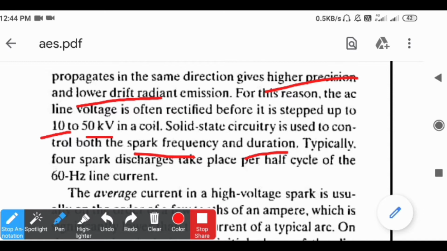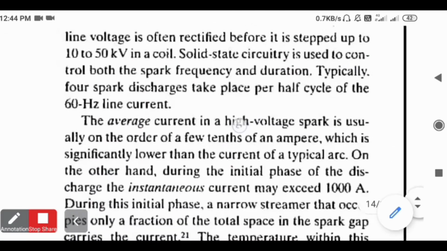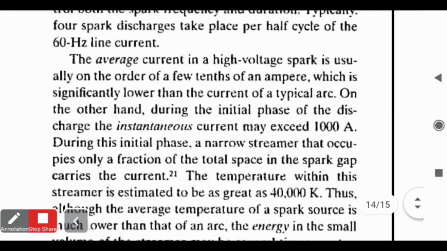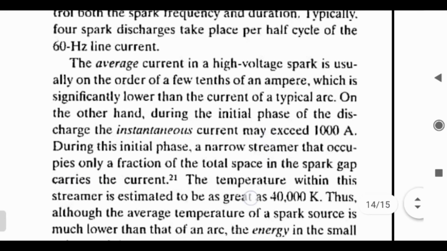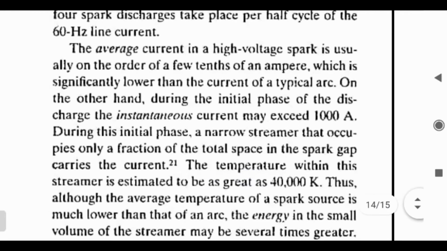Generally the spark discharge takes place at around 60 hertz line, and the voltage often used is 10 to 50 kilovolt.